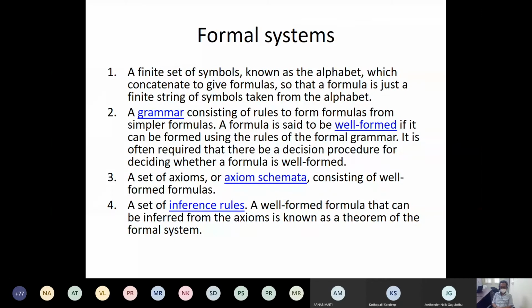A well-formed formula that can be inferred from the axioms is known as a theorem of the system. That means we have the axioms, then we have some inference rules. As I was saying, the difference from an axiomatic system to a formal system is that the inference rules are also specifically mentioned. So, in order to define a formal system, we have to give an alphabet, we have to give a grammar for forming well-formed formulas, we have to give the set of axioms, and then we have to give the set of inference rules. Okay?